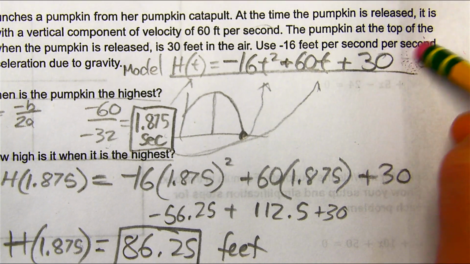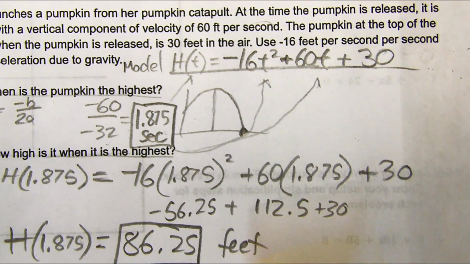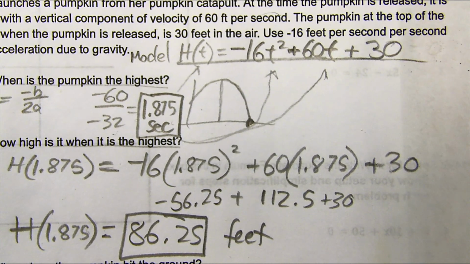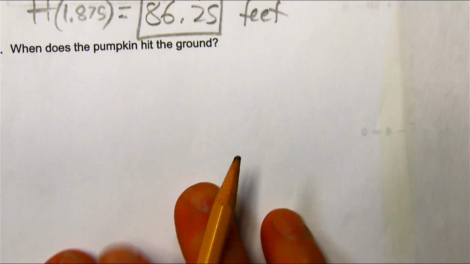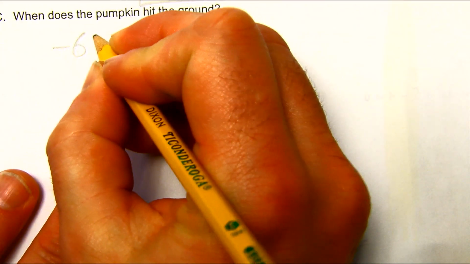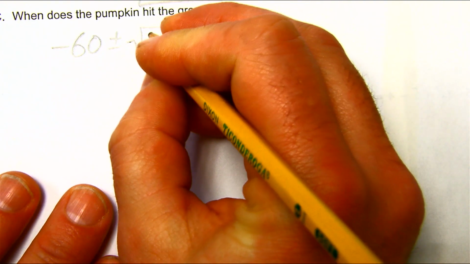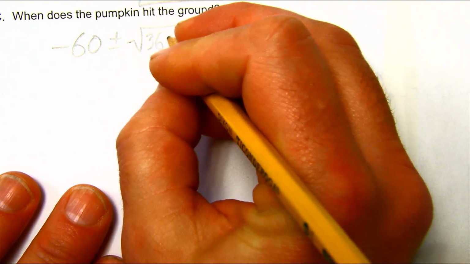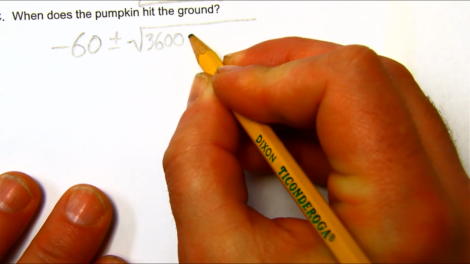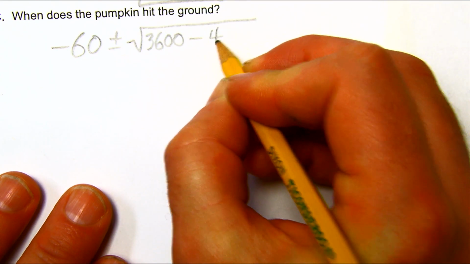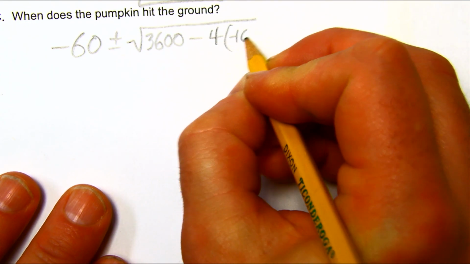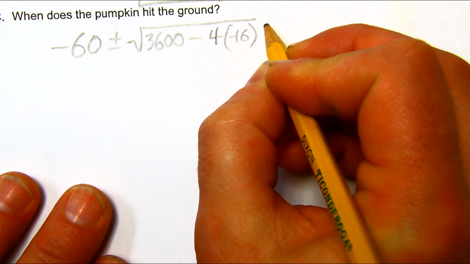And apply the formula. Negative 16 minus the square root of 60 squared minus 4 times negative 16 times 30.